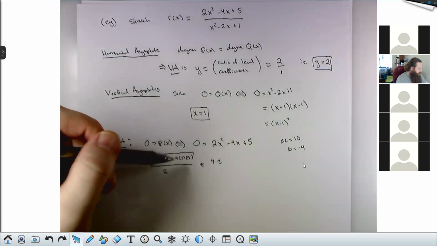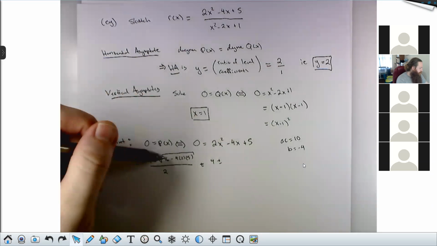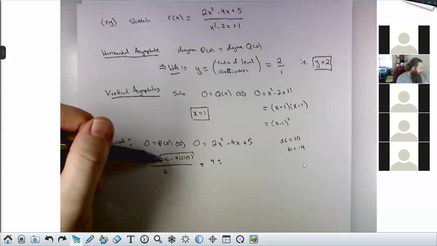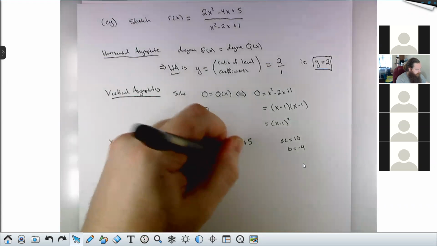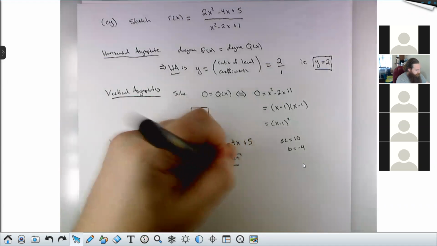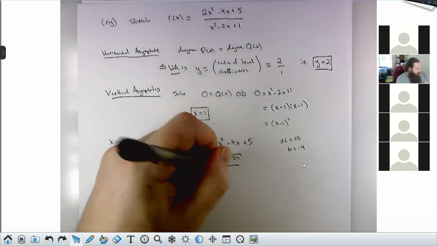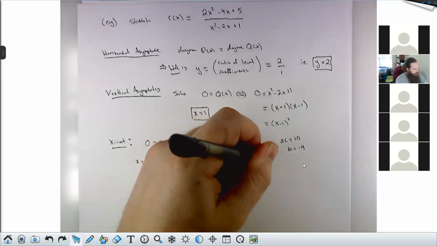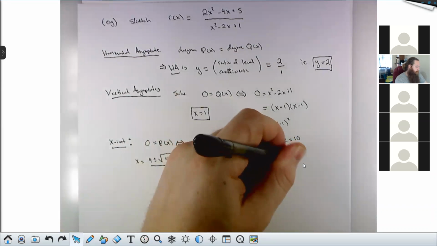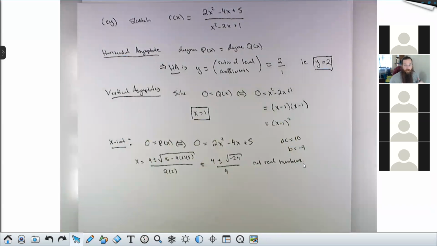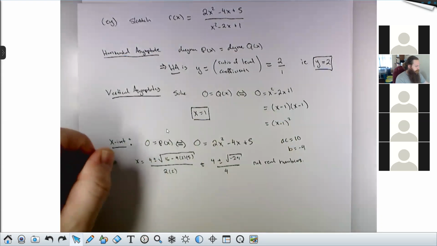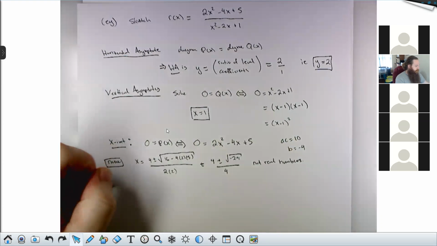That's 4 times 10 is 40. 16 minus 40 is -24, all over 2a, so 2 times 2. These are not real numbers. And just like with parabolas, if your x-intercepts are not real numbers, then they don't show up on the graph, right? The graph is just showing real numbers. So we don't have any x-intercepts. No x-intercepts on the graph.